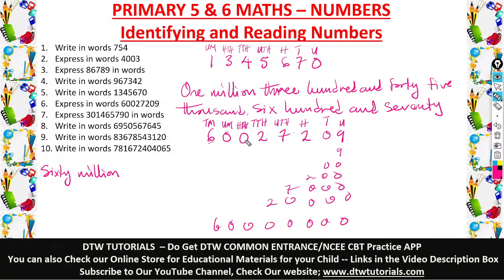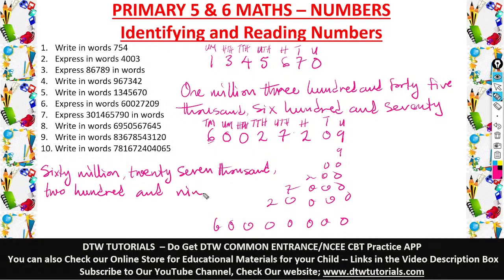Okay, nothing here, comma, 27,000, because they are both in thousand. 27,200, 209.